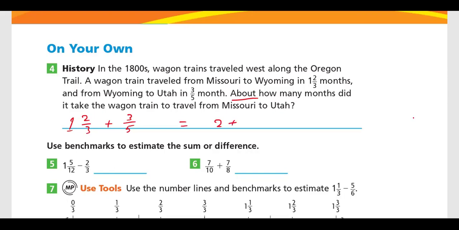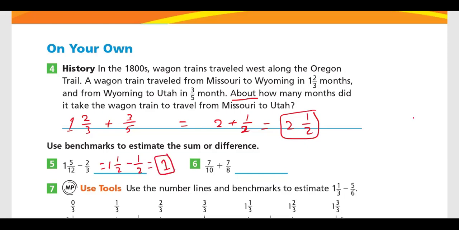And 3 over 5 is close to half. So if we add them, it will be 2.5. Estimate 1 and 5 over 6: 5 over 12 is close to half, so it will be 1.5. 2 over 3 is close to half also. So if we subtract, it will be around 1.